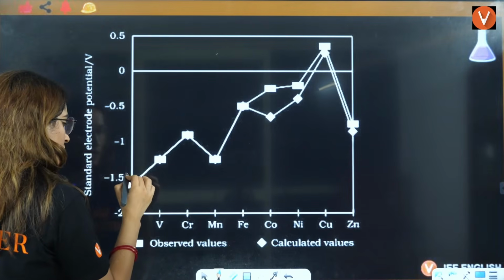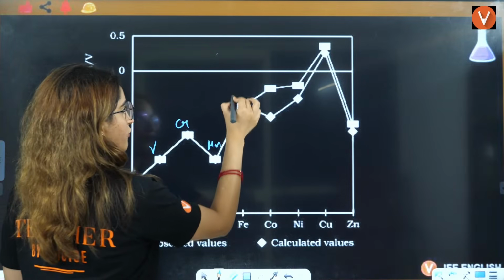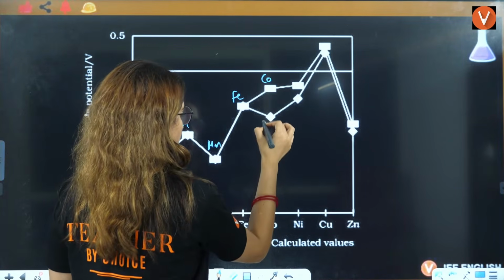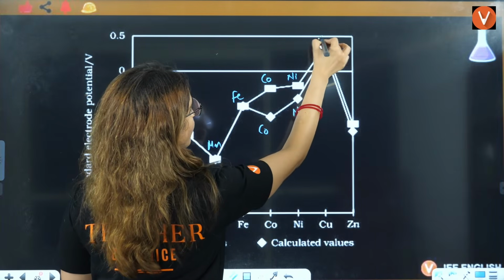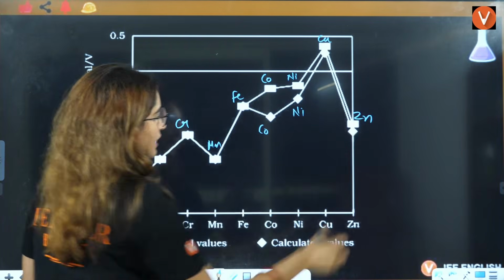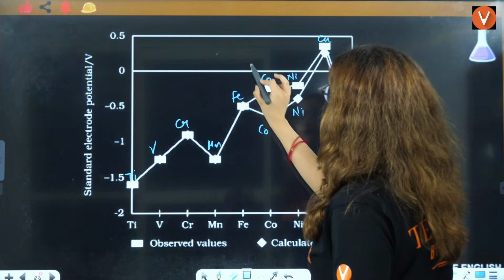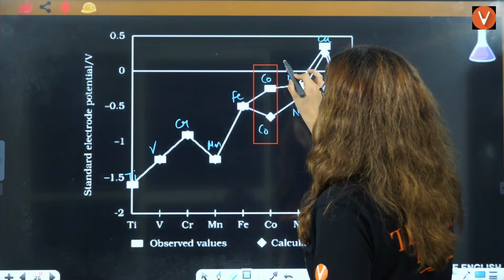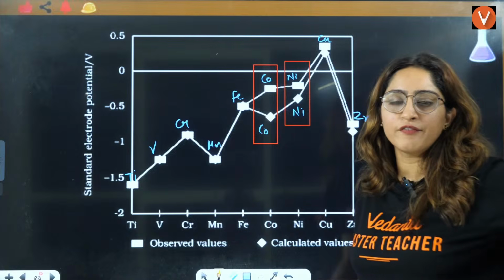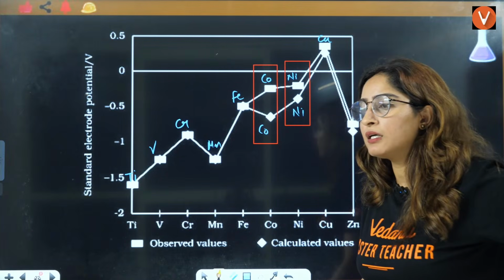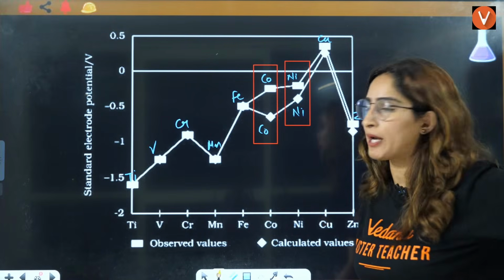So this is titanium, vanadium, chromium, manganese, iron, cobalt, nickel, copper, zinc. Can you see for cobalt it is different and for nickel it is different? See, they are giving you the expected electrode potential values and the real electrode potential values.